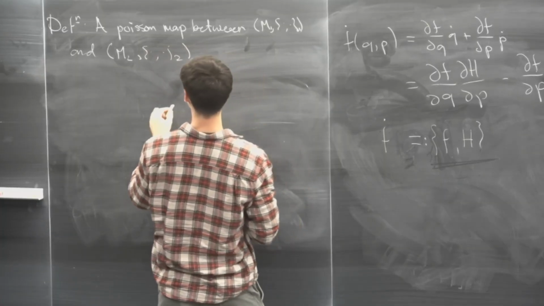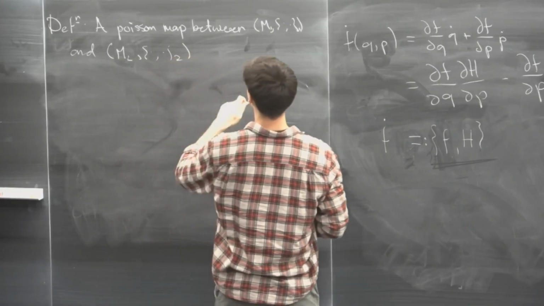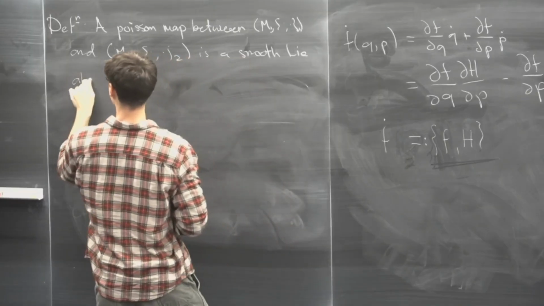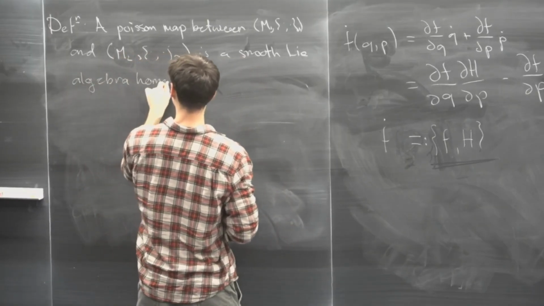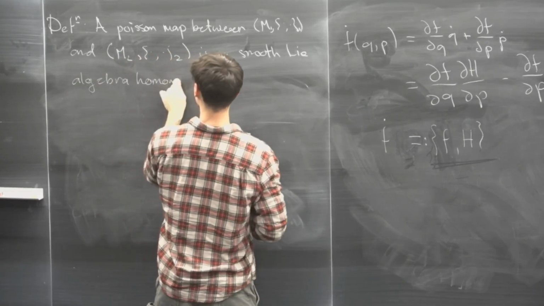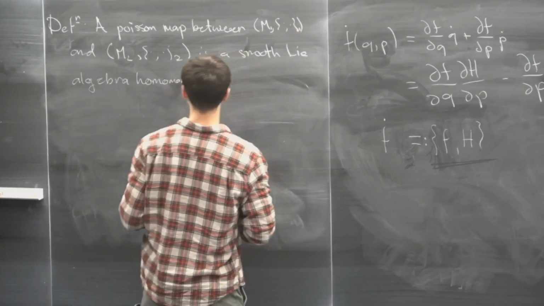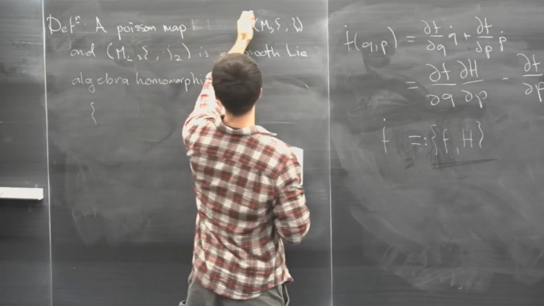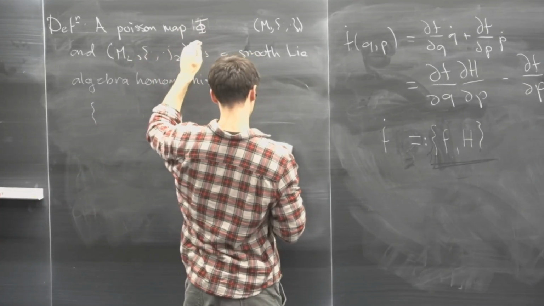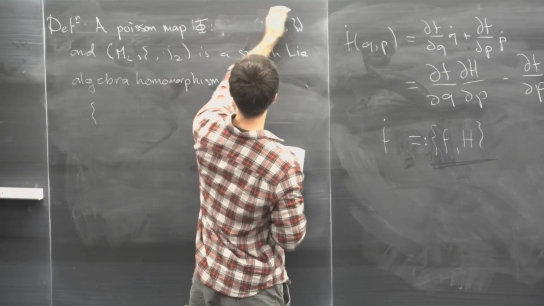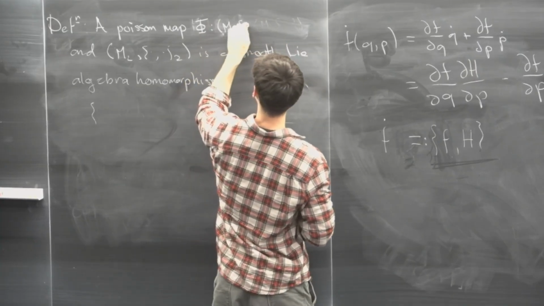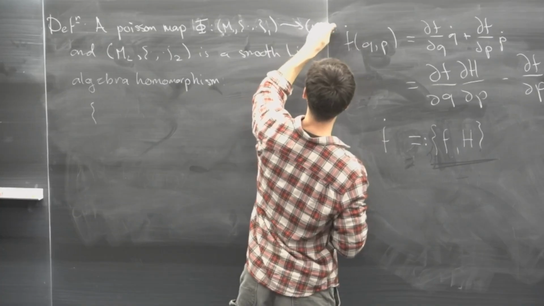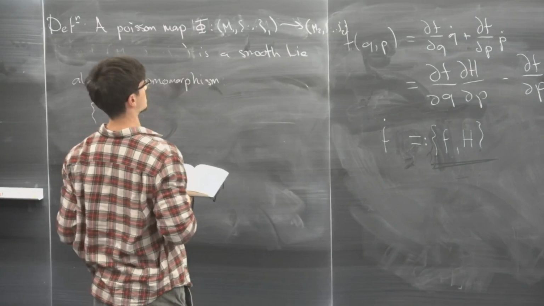a Poisson map is a smooth map between them that is a homomorphism of the algebras.